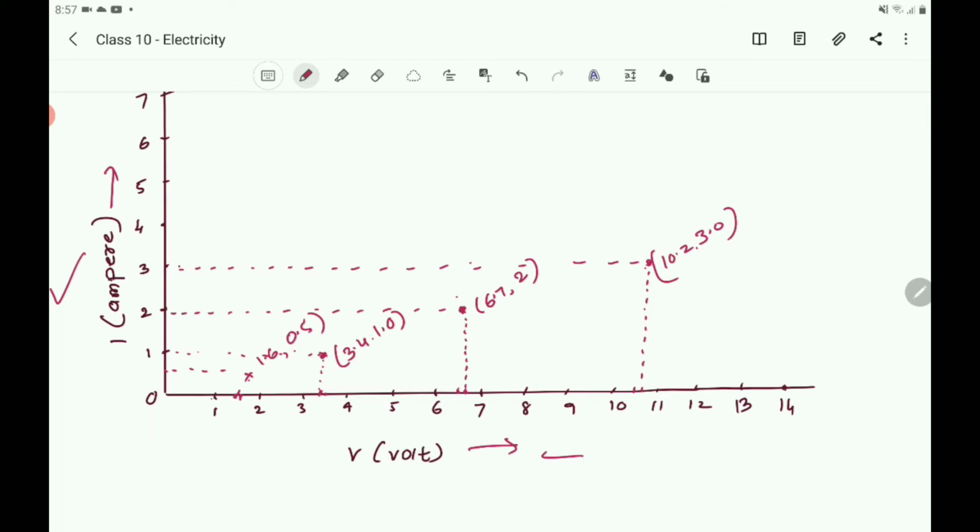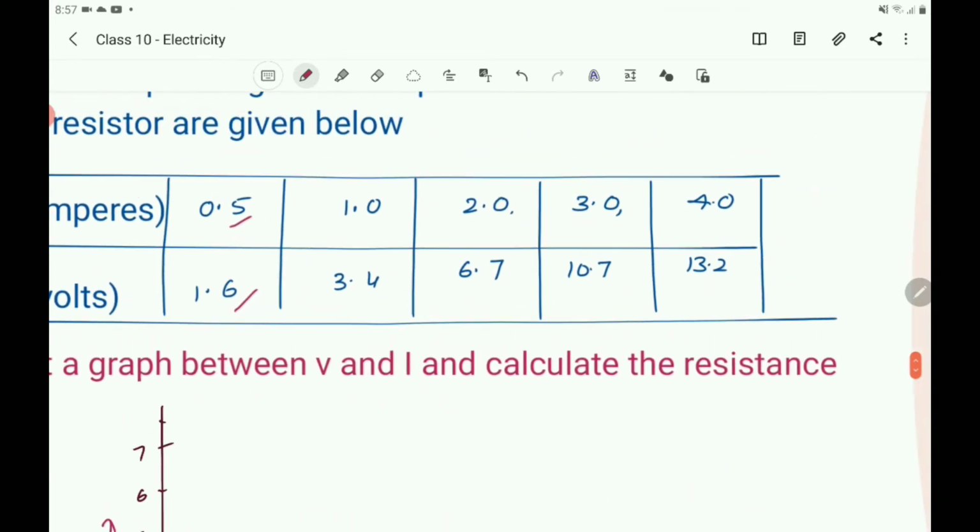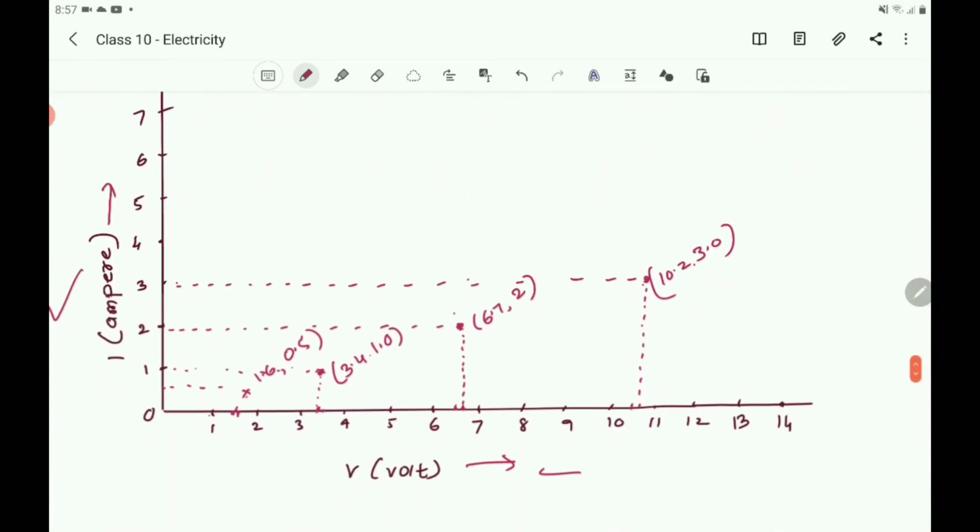The next last one is 13.2 and 4. Here 13.2 means a little more than 13. So we go straight to get 4. So approximately you will get here, that is 13.2 and 4.